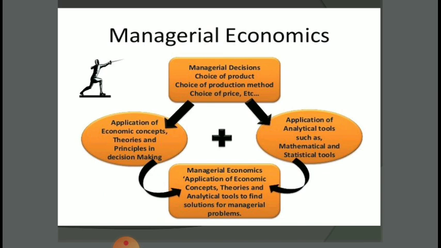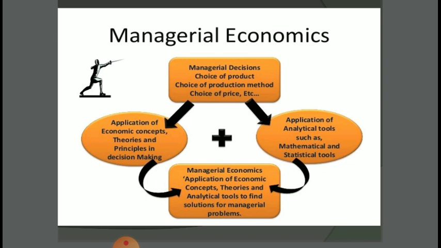This part forms the theory of economics only. Now the second is application of analytical tools such as mathematical and statistical tools. This is the part we can term as statistics. Finally, when economics and statistics are put together, it will become managerial economics, like application of economic concepts, theories, and analytical tools to find solutions for managerial problems.